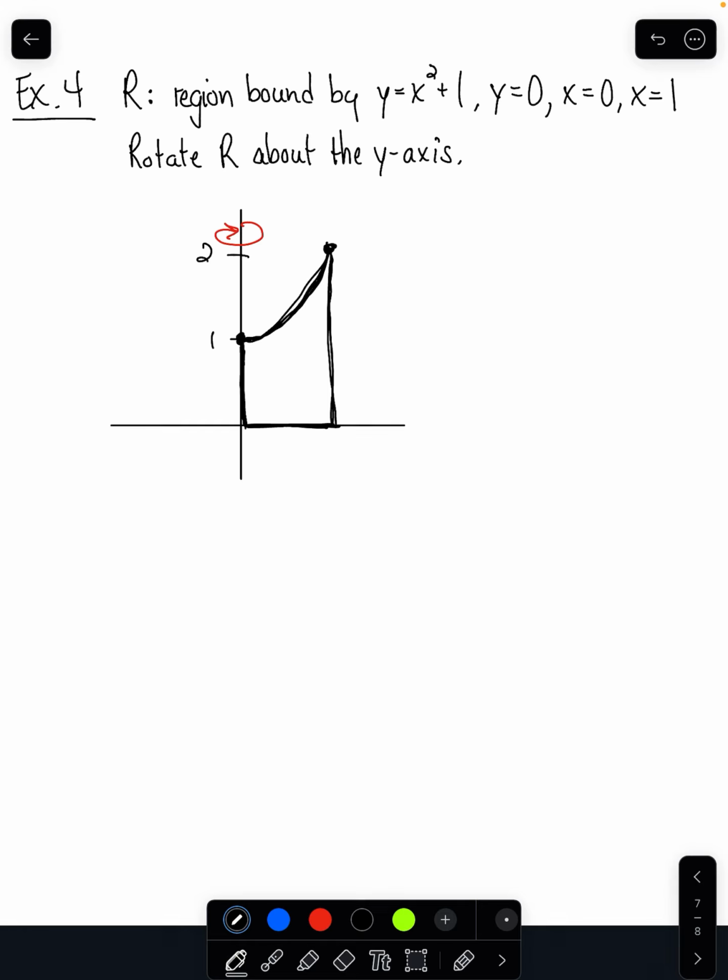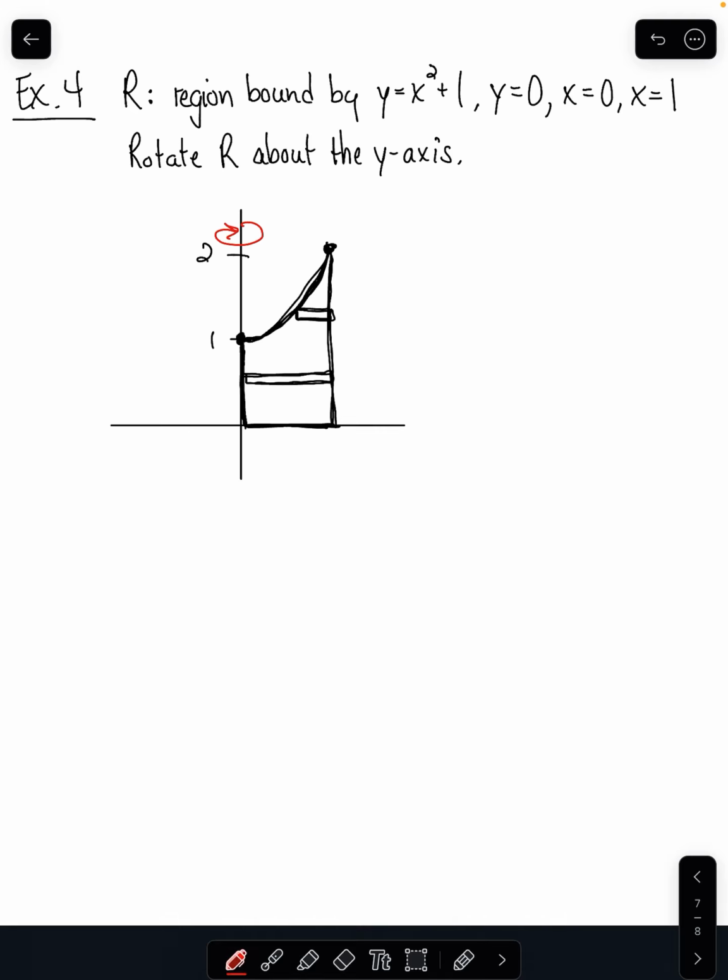Now, depending on where our rectangle is drawn, we're going to have two different things happen here. Because we're rotating about the y-axis, we're going to have to integrate with respect to y, which means our rectangles are going to have to be drawn horizontally. However, depending on where the rectangle is drawn, we're going to have two different situations occur.